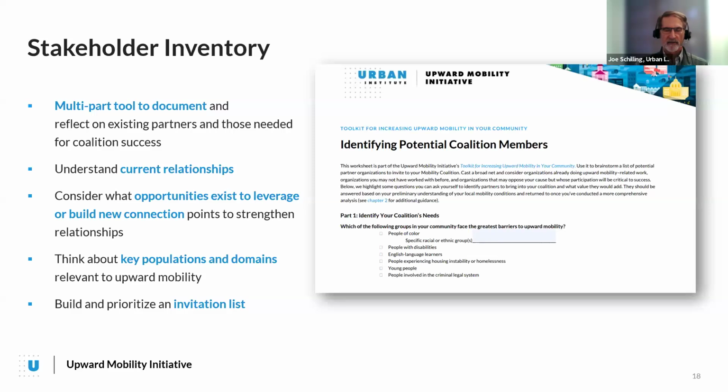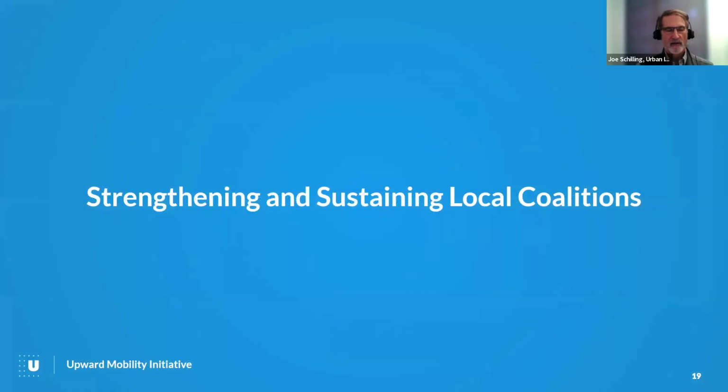So they have a good sense of what's going on at both levels. So as you think about the stakeholder inventory, again, what are some of those connection points that you can work on in order to make sure that they're part of your coalition?